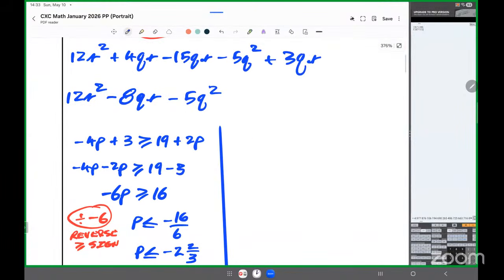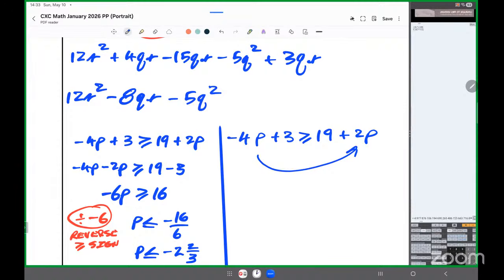So if we had the same negative 4p plus 3 greater than or equal to 19 plus 2p, I would decide to group the p's on the right side and the numbers on the left side. Then this would go over and become the plus 4p. This will stay over here as a 3. This 19 will come over and become a negative 19. The sign will stay greater than or equal to.